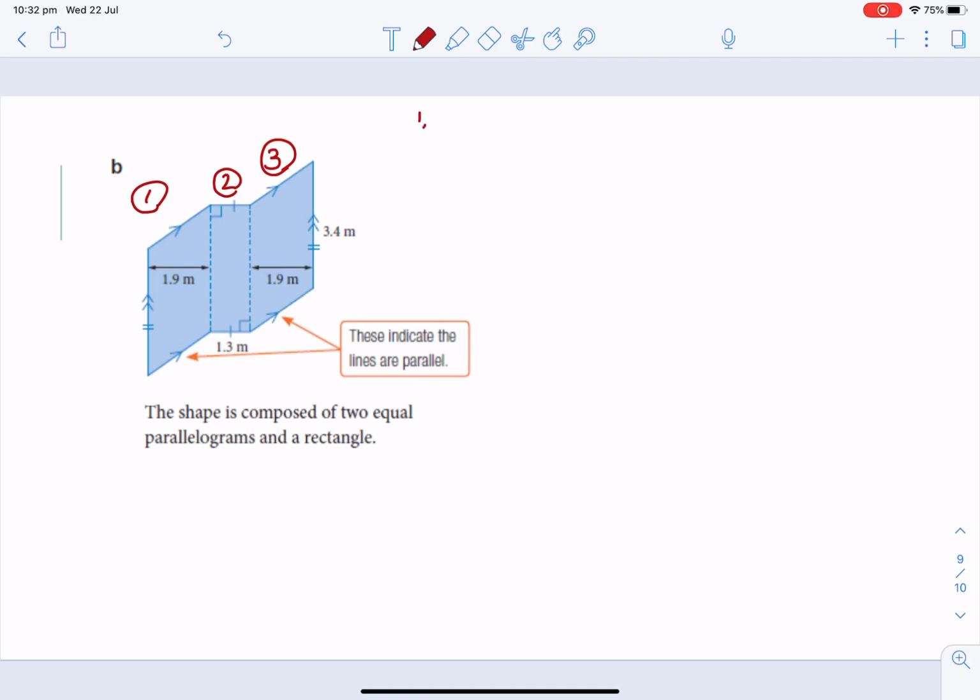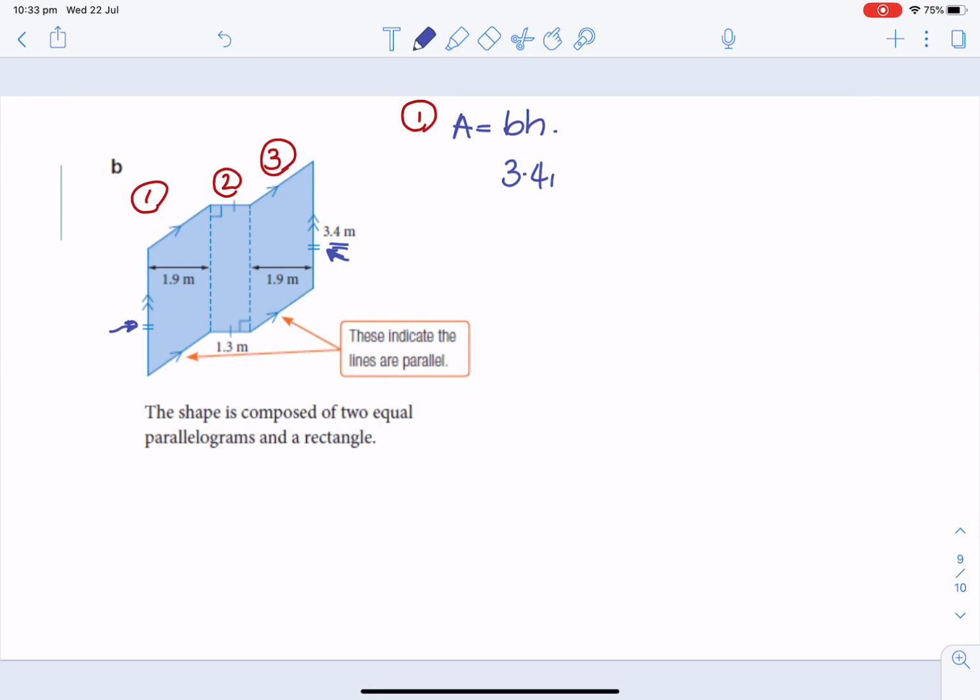So our parallelogram, we'll do on the side here, back to blue. Now remembering the parallelogram area formula is base times height. As you can see, I've got the double lines here and the double lines here, indicating that my base, or the side length, is 3.4 meters, what am I saying?